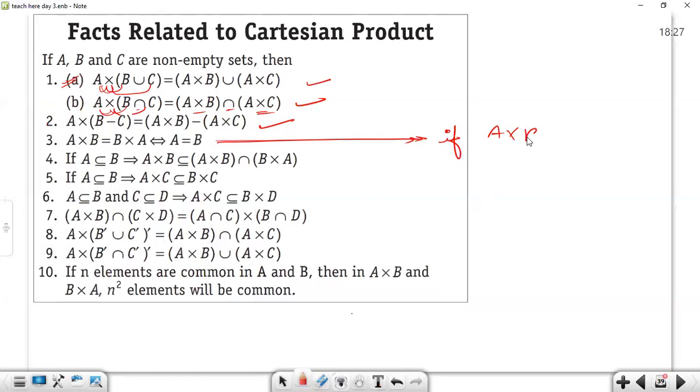This is saying that if A cross B is given as equal to B cross A, there is an if-then condition here, which is bidirectionally true.